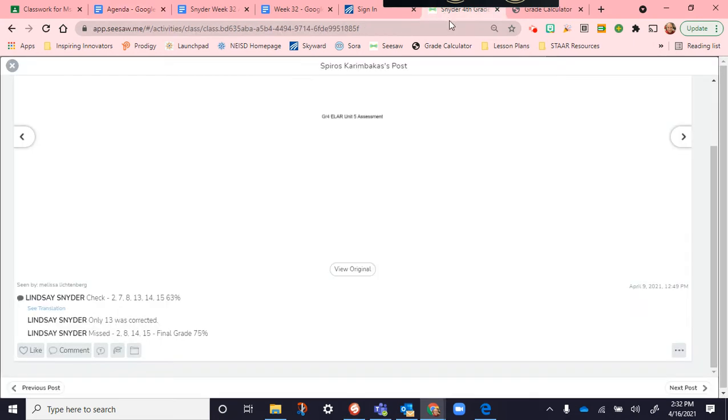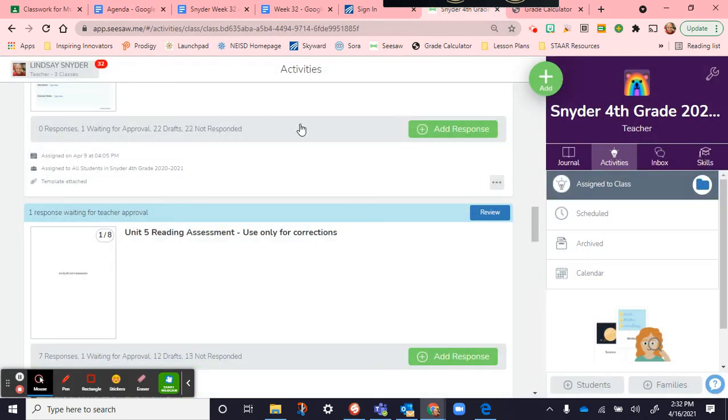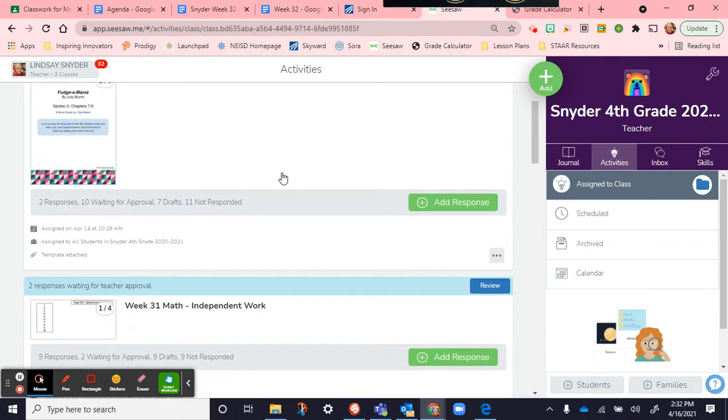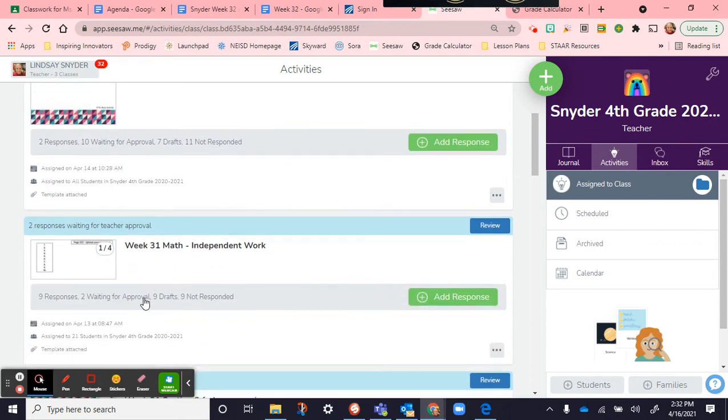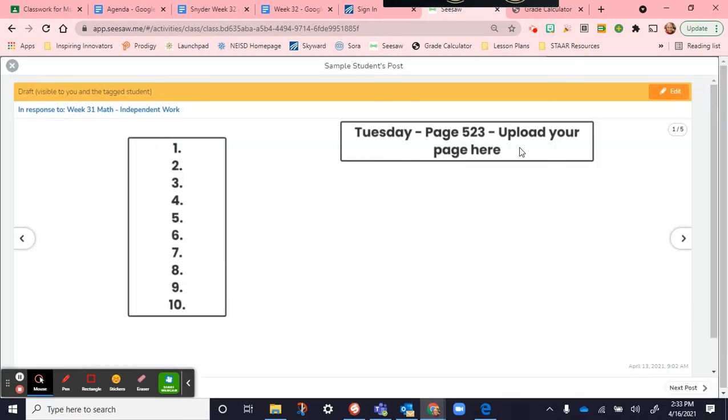All right, so your independent work is on page 530. And so that is in Seesaw. So go to Seesaw, and go down to your math, week 31 math, and click on here.